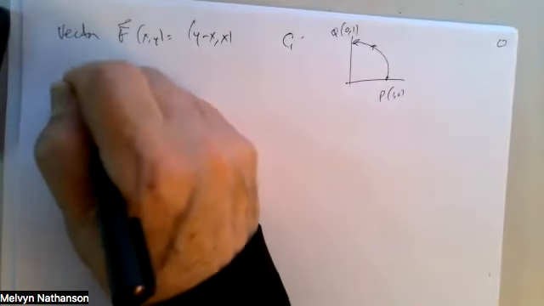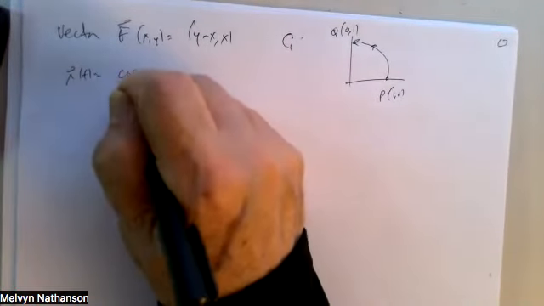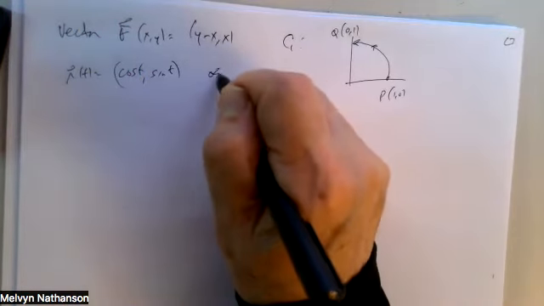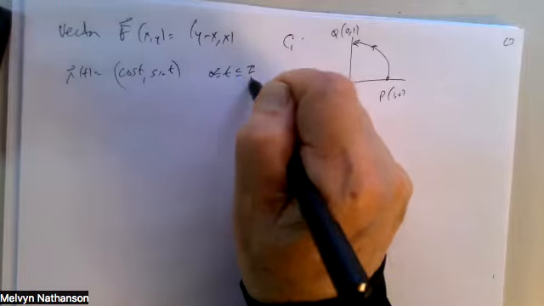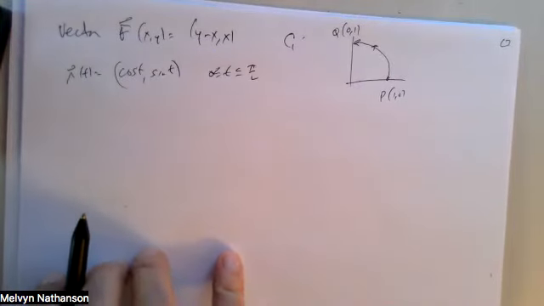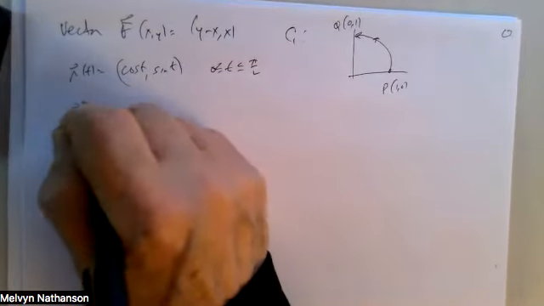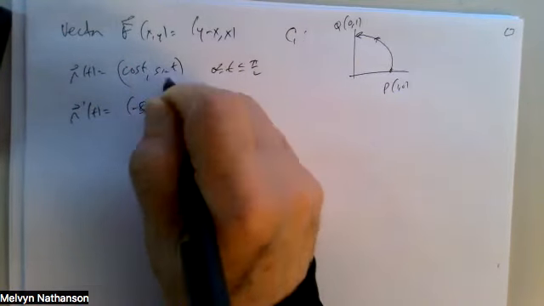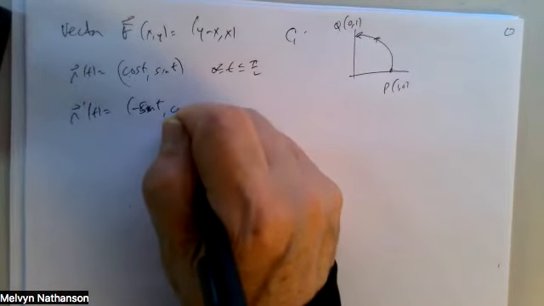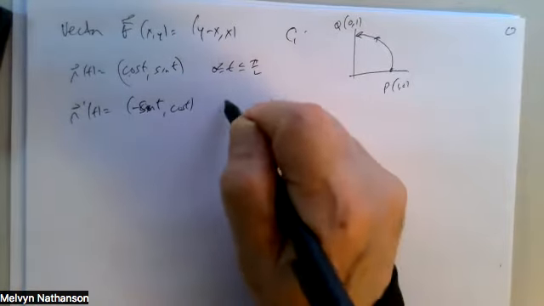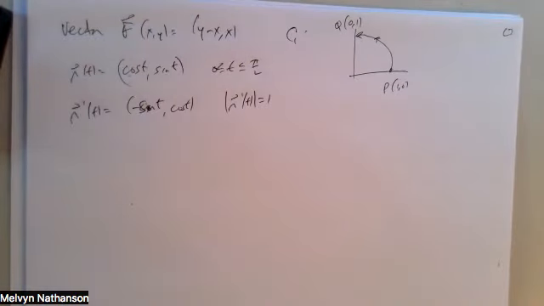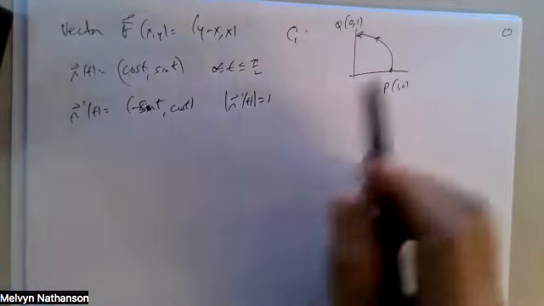by r of t equals cosine t, sine t for t from 0 to pi over 2. r prime of t is minus sine t, cosine t, just differentiate each of these coordinates. And the length of r prime of t is 1. And I want to compute the line integral.